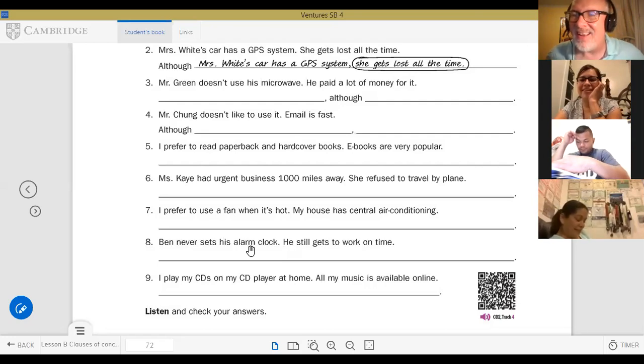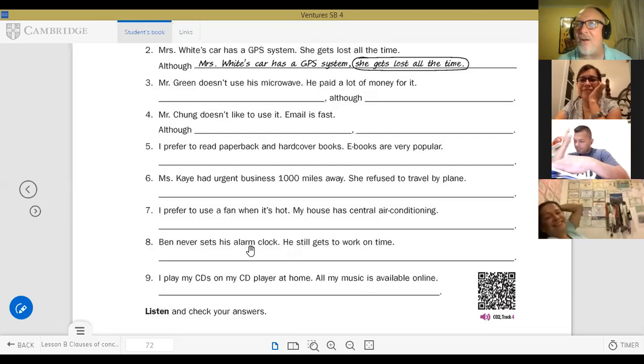Popularity, right? So if I was going to say despite, this is what I would do. I would say, despite the popularity of ebooks, I prefer to read paperbacks and hardcovers. That's a tricky one, right?